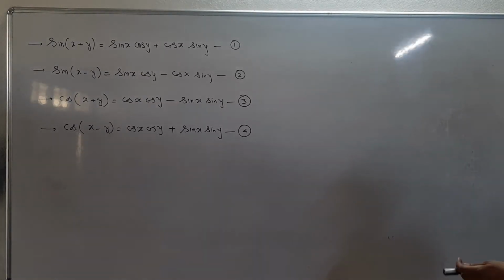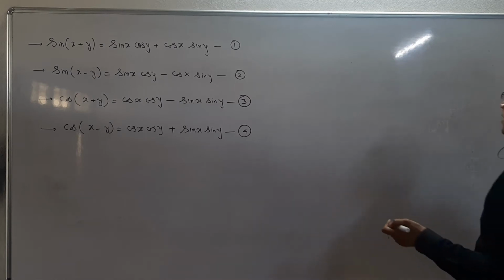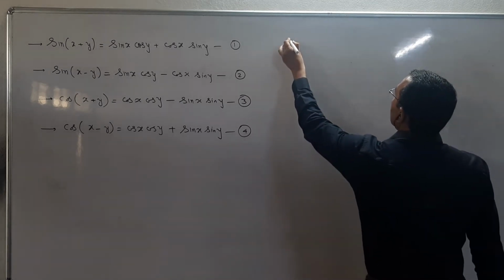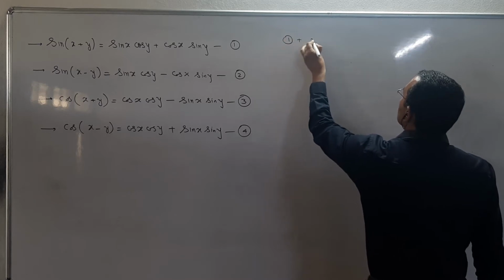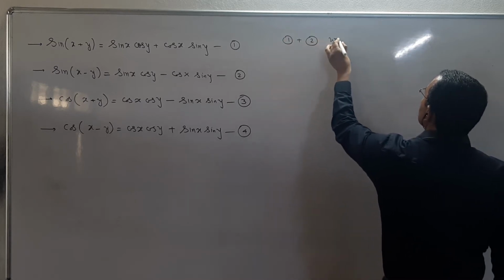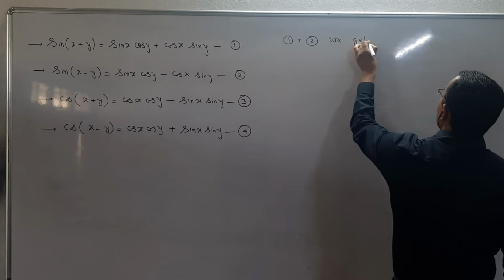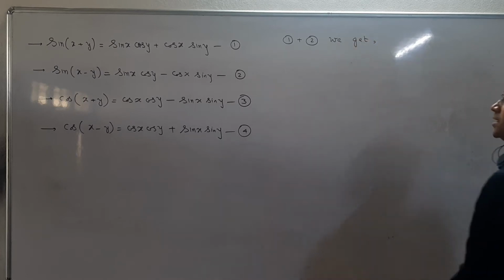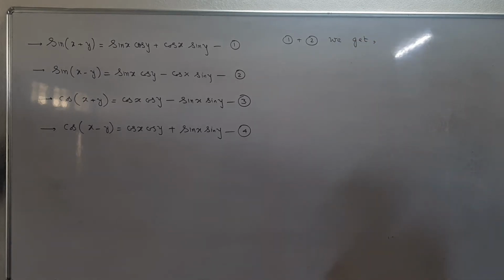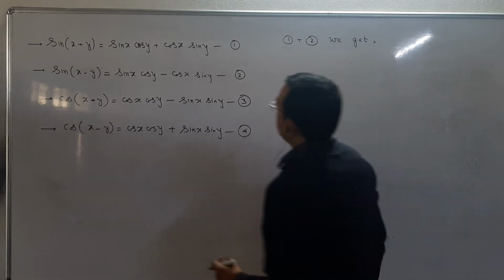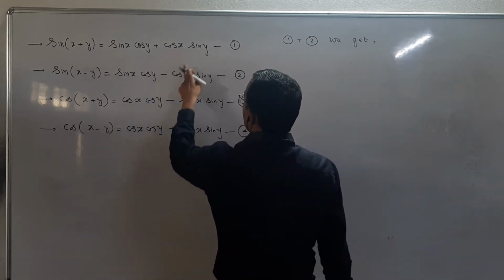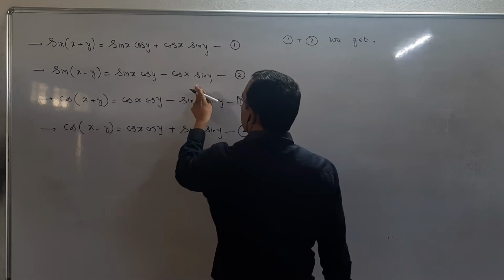Students, just pay attention. If I add 1 and 2, we get, first I am writing the right hand side. This cos x sin y gets cancelled.